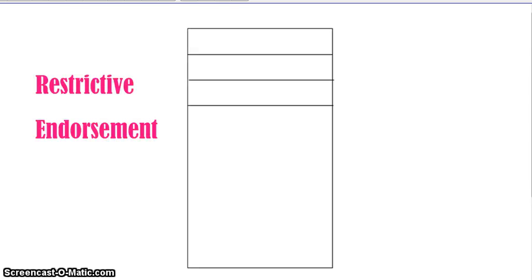The next type that we have is what we call a restrictive endorsement. Okay, this is just plainly stating, hey, this is only what can be done with it. So in the event that the check is stolen, nobody can cash it or do anything other than what it says on the back. So this check is going to be for deposit only.